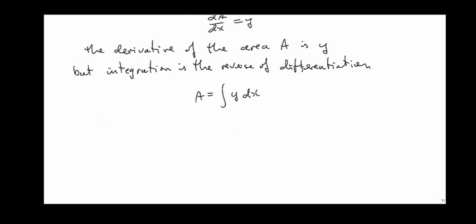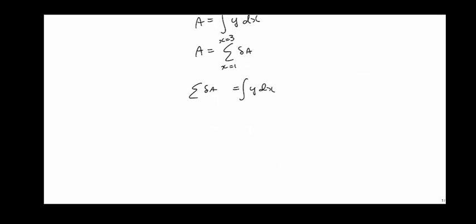But A is also the sum of all of the areas of the strips, as x goes from 1 to 3. So we have the sum of the areas is the integral of y dx, and integration is sum.